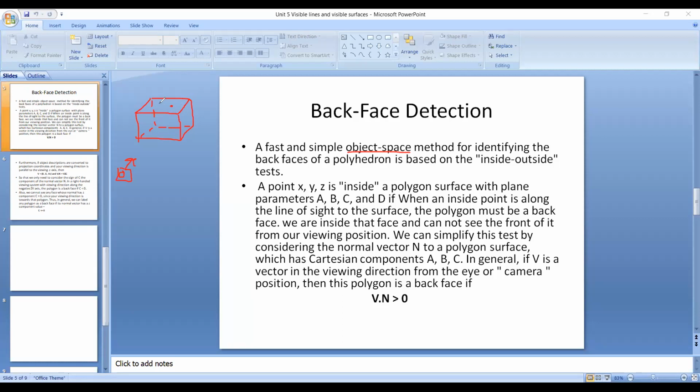Now consider this is point P. मग फर्स्ट मी काय करणार आहे, इन बॅकफेस डिटेक्शन मध्ये मी इनसाइड आउटसाइड टेस्ट कॅरी आउट करणार आहे. So I am going to carry out the inside-outside test to identify whether the point is lying within the polyhedron or not. कारण काय करायचंय, मला पहिल्यांदा पॉइंट चेक करायचा आहे P, whether it is in or out.